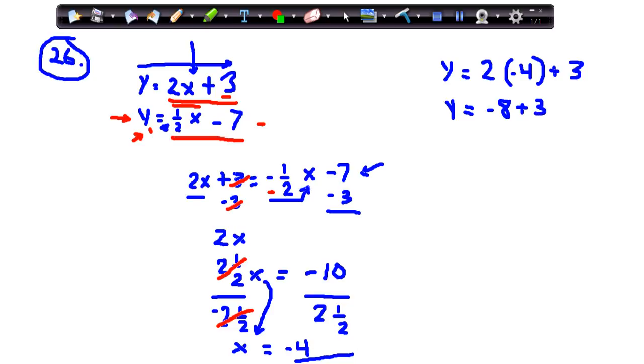Okay, and as you can see, y is equal to a -8 and a +3 will leave you with what? A -5. That's your answer.